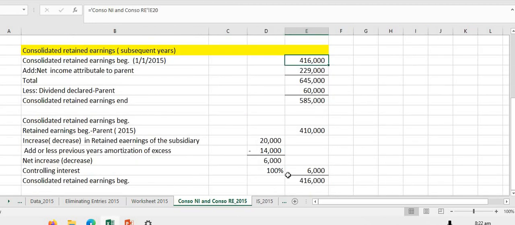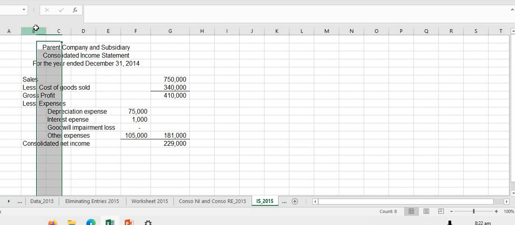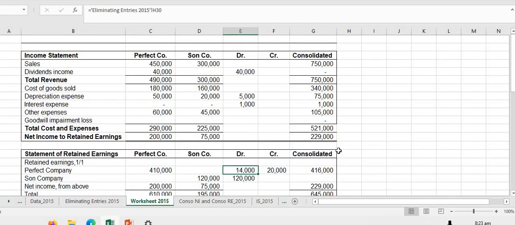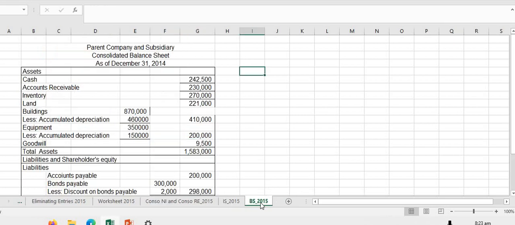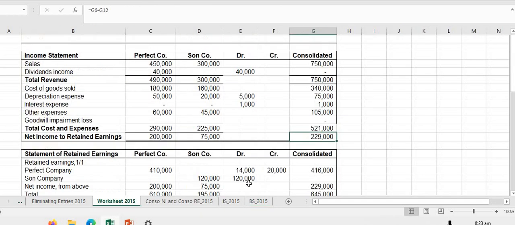Yan. Okay, so, to prepare for the income statement is actually, mag-base ka lang sa natin, worksheet. So, net income of 229,000, no? Actually, 229,000. And for the balance sheet, it's actually December 31, 2015. Yan. So, mag-refer ka lang din sa ating worksheet.